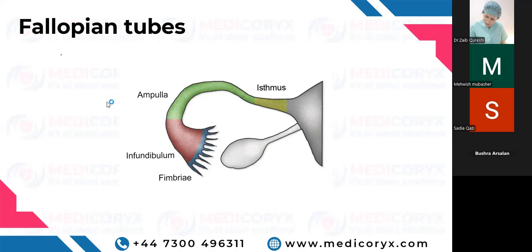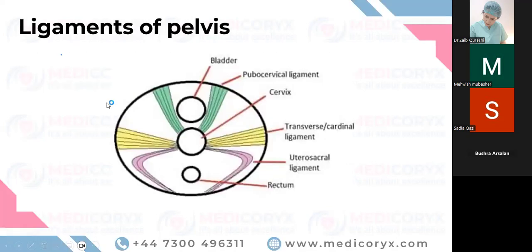Okay, let's open this slide first. Ligaments of the uterus. If you consider this cervix a part of the uterus, you have this anterior side and you have this posterior side. These are actually the main supporting ligaments of the uterus and the cervix.